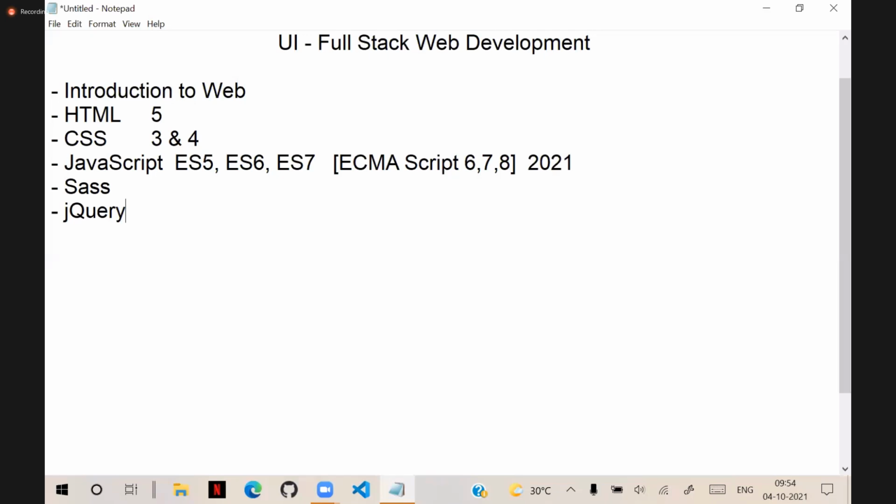Remember, jQuery is a library of JavaScript. In real-world projects, the majority of front-end development, the entire building, is done by using jQuery only. But jQuery requires good knowledge of JavaScript.